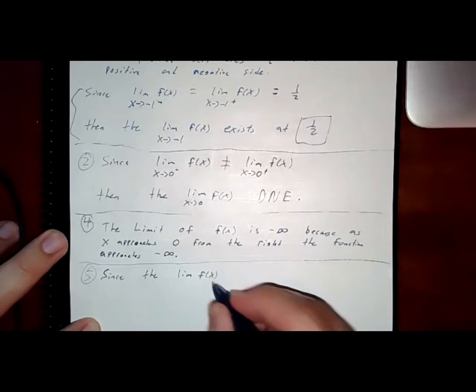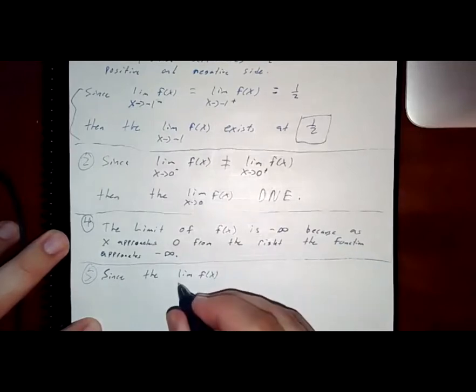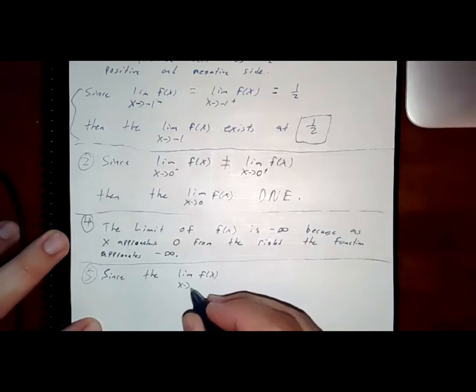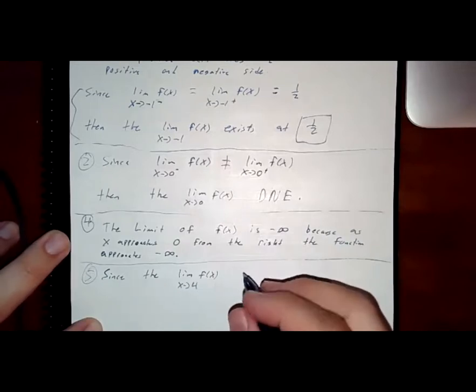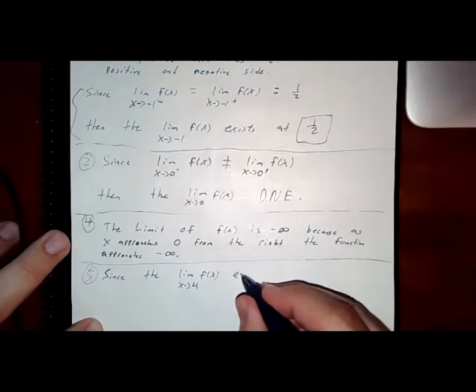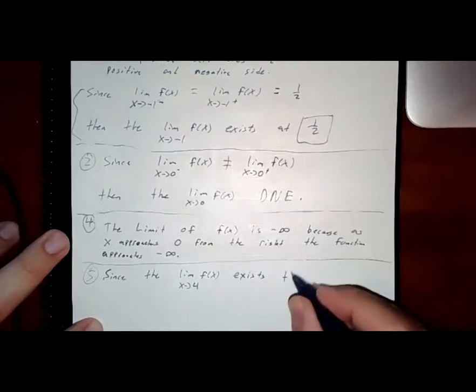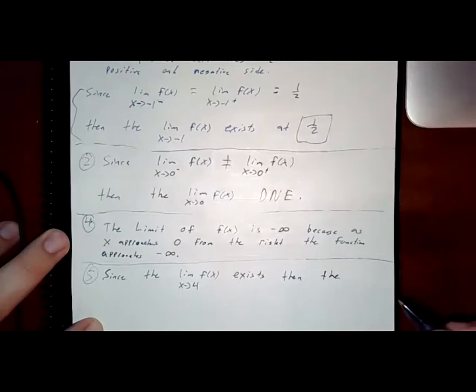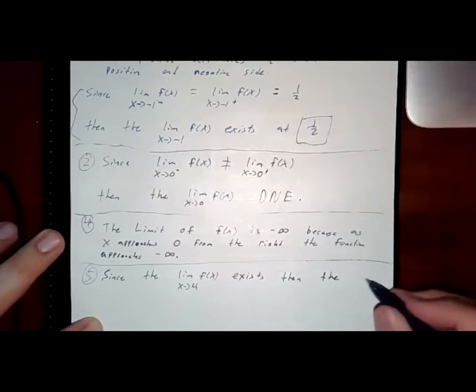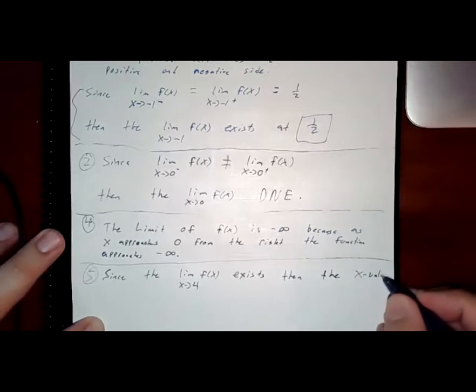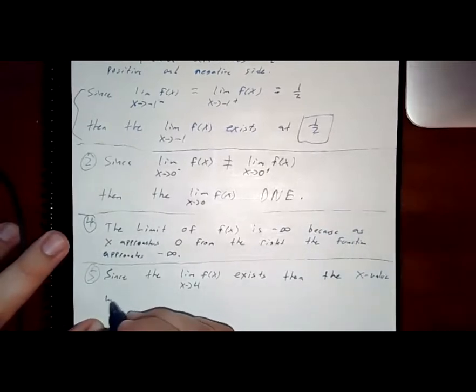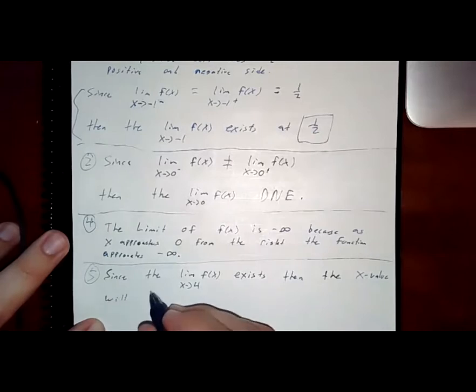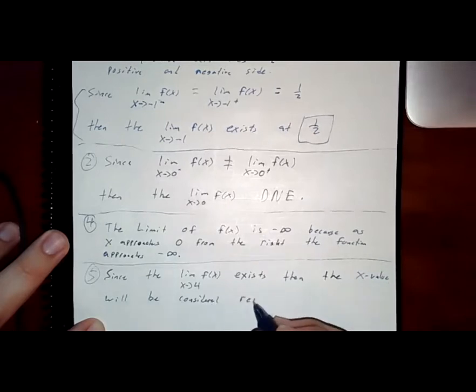I think the easiest way to say it would be: since the limit of f as x approaches 4 exists, then the x value will be considered removable.